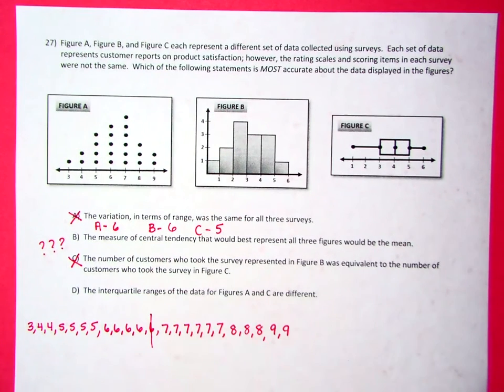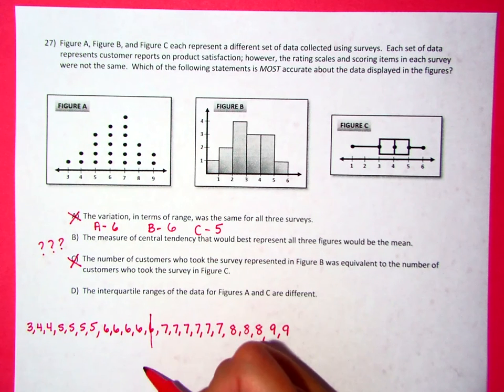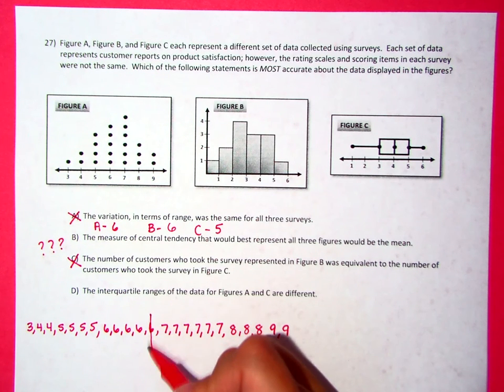Looks like this one is my middle number, but just to check it, you want to make sure you have the same amount of numbers on this side as you do this side. You have 11 numbers here, 11 numbers here. Now notice I kind of crossed out that 6 because that was the median, was this 6 right here.